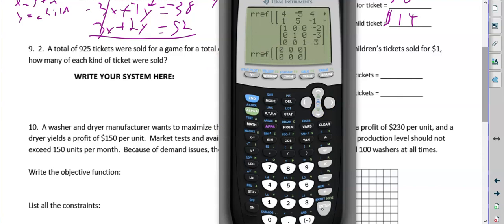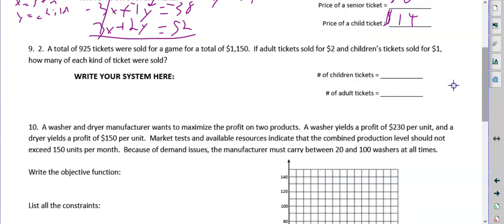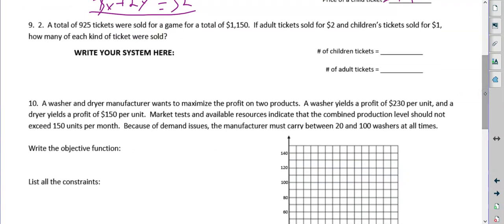And put in 3, 1, 38, 3, 2, 52. Enter. 8 and 14 right there. So even if nothing else, just to double check your work. Let the calculator do all it can for you.